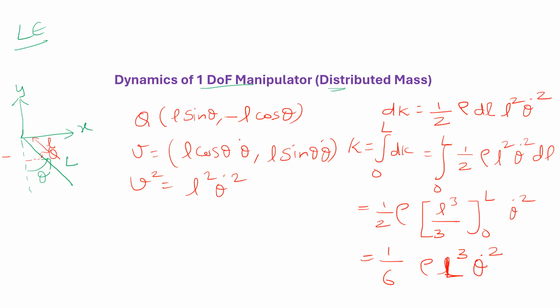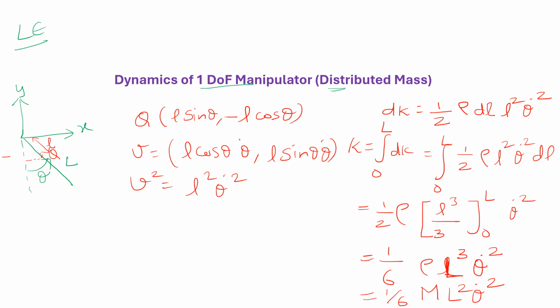The product of density times length is the mass of the rod, so we can represent this as 1 by 6 capital M L squared theta dot square. This is the kinetic energy of the rod.